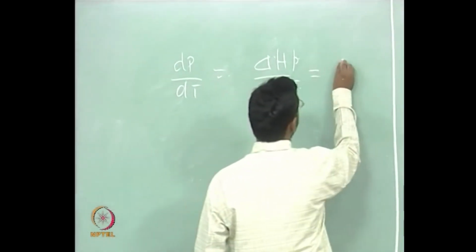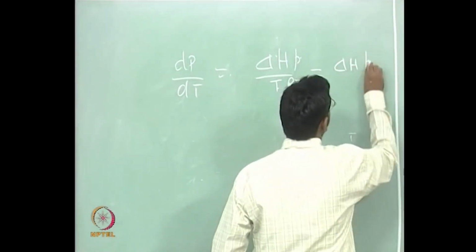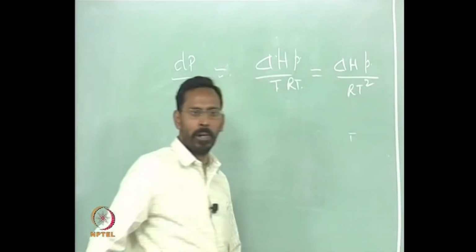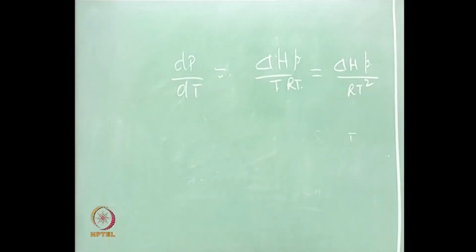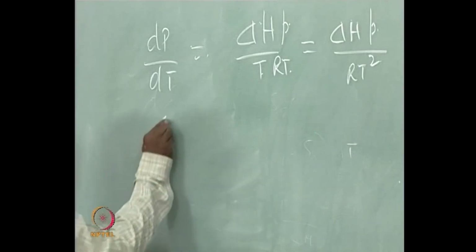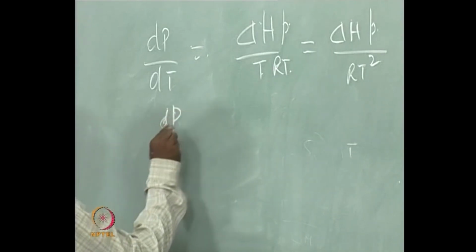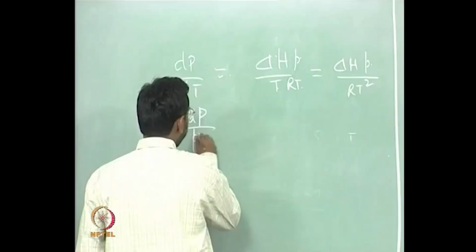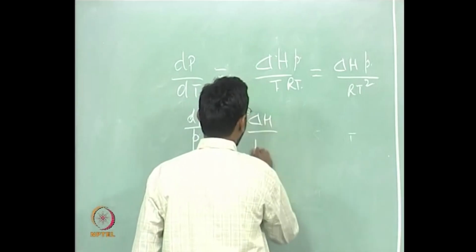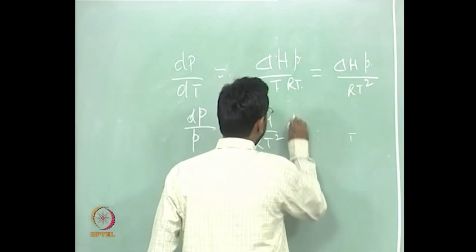So this basically means delta H into P divided by RT square. Am I right? Right. So in principle then we can write that dP by P is delta H by RT square into dT.